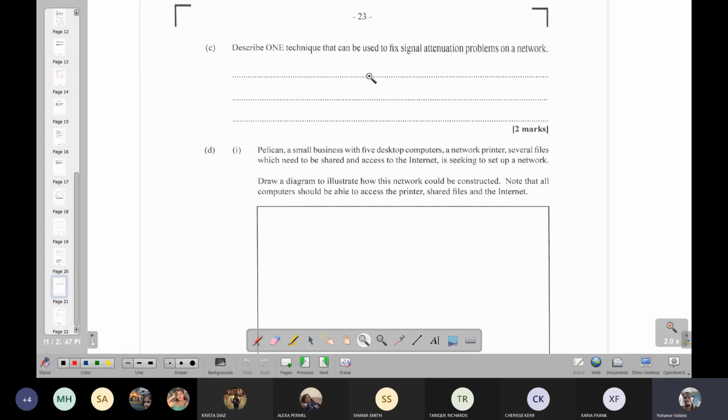Describe one technique that can be used to fix signal attenuation problems on a network.